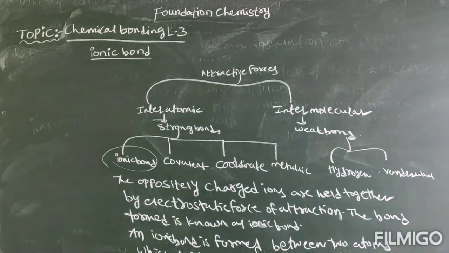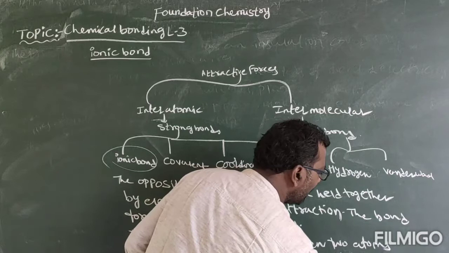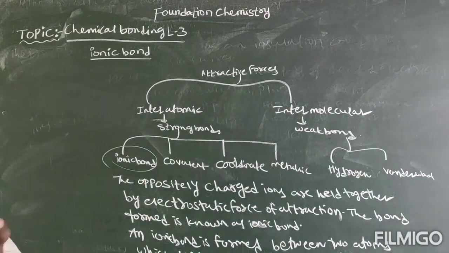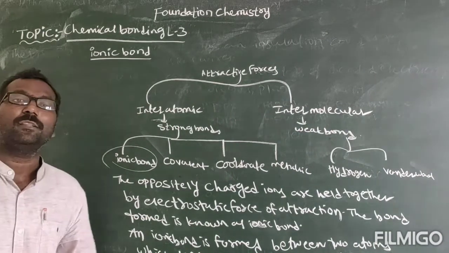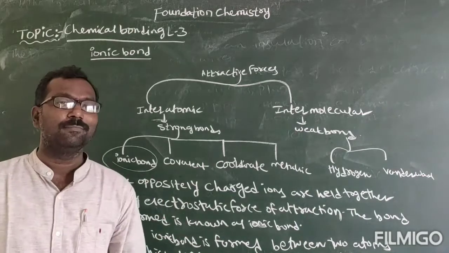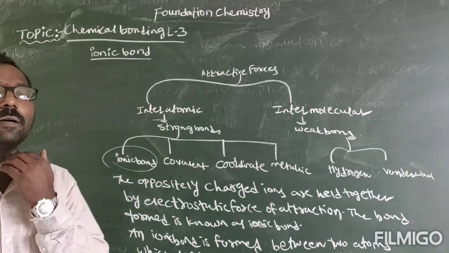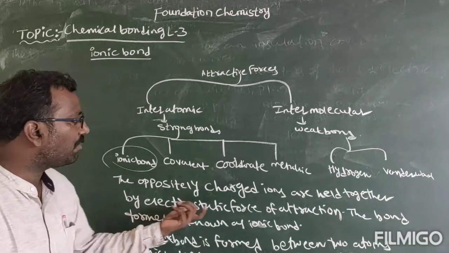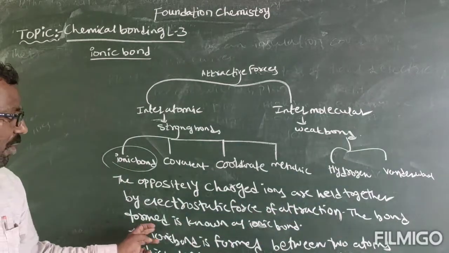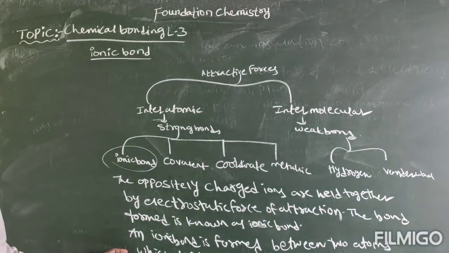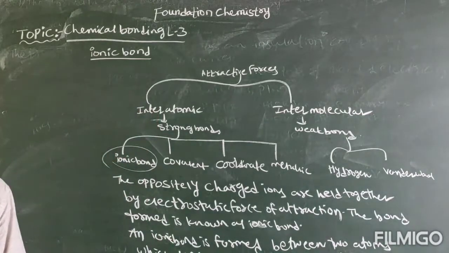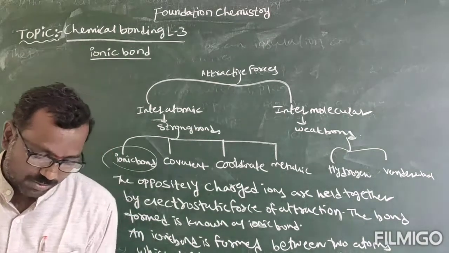At least 1.9. The electronegativity difference between the two atoms should be at least 1.9; then only they will form an ionic bond. So the base definition of the ionic bond is that the oppositely charged ions are held together by electrostatic force of attraction, and the bond formed is an ionic bond. And an ionic bond is formed between two atoms which differ much in their electronegativities. Then only it is possible.